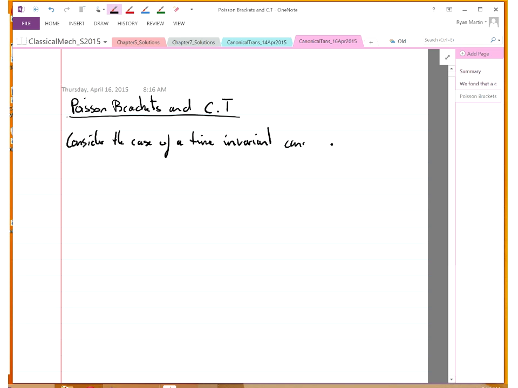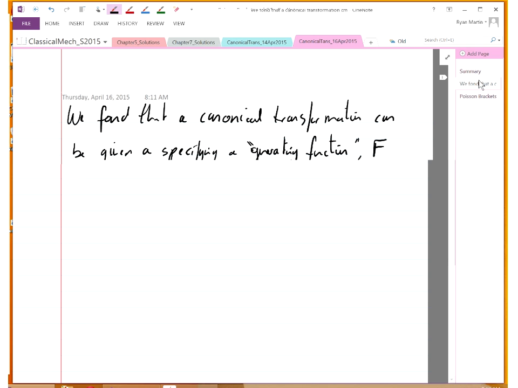So consider the case of a time invariant canonical transformation.